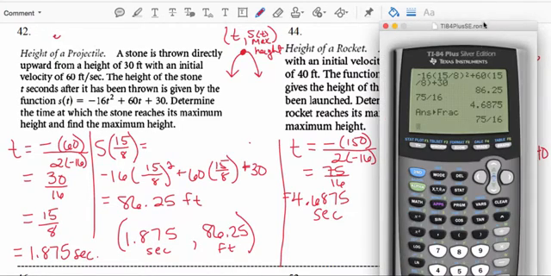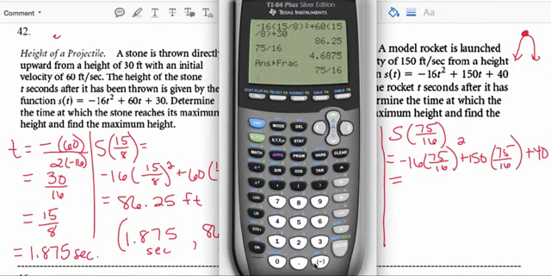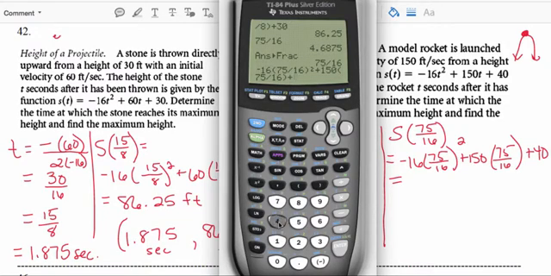Okay, let's go ahead and substitute that. Negative 16 times 75 divided by 16, that whole thing squared, plus 150 times 75 divided by 16, and then plus 40 on the end.